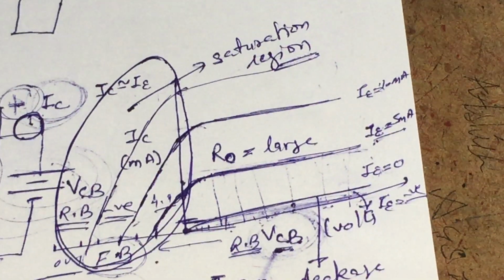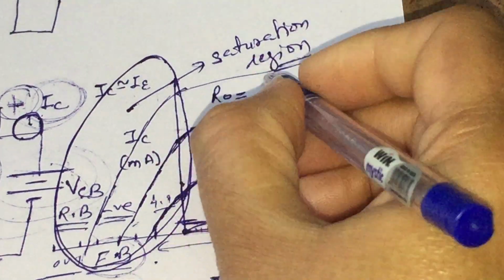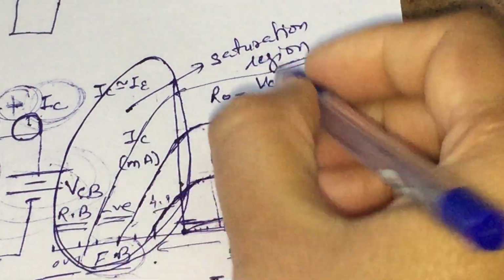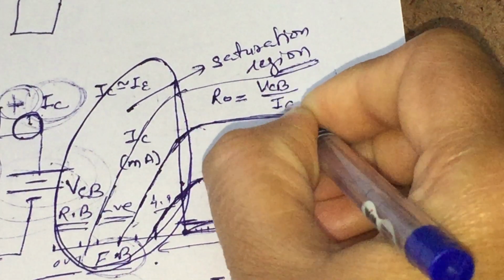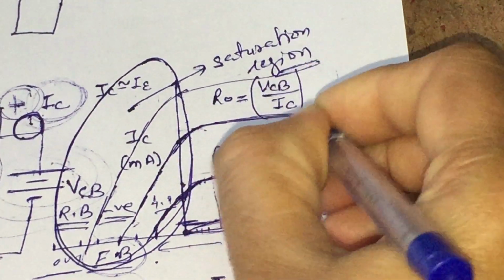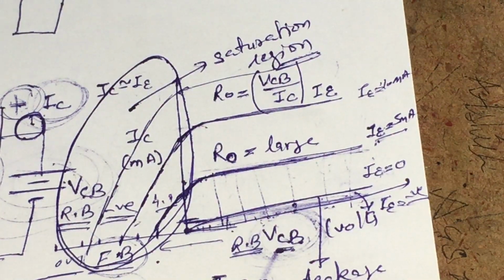And we will define the output resistance mathematically here: it is the ratio of voltage across the collector base junction to the current across the collector when the input current, that is the emitter current, remains constant.